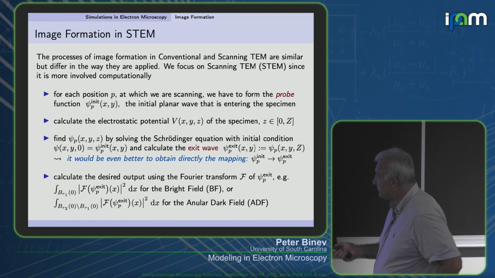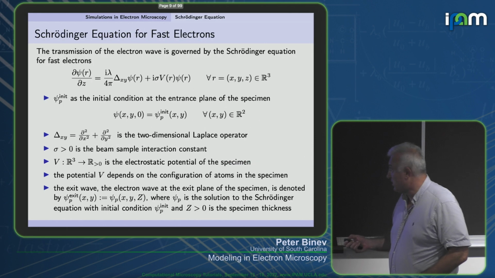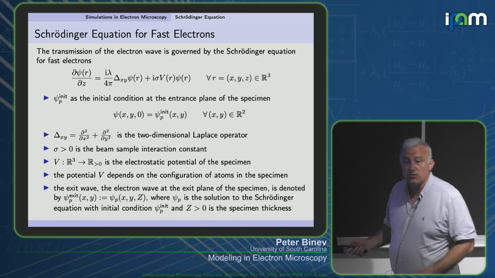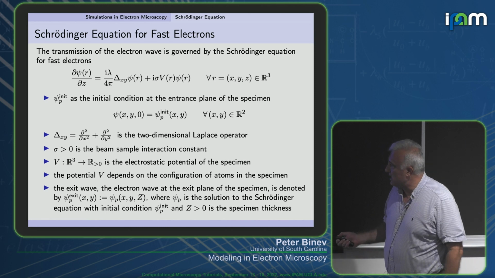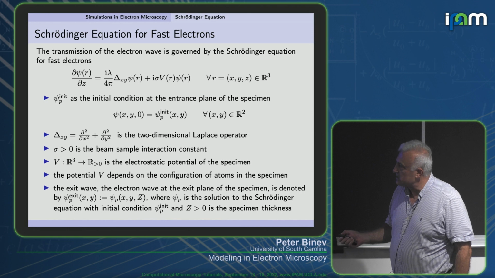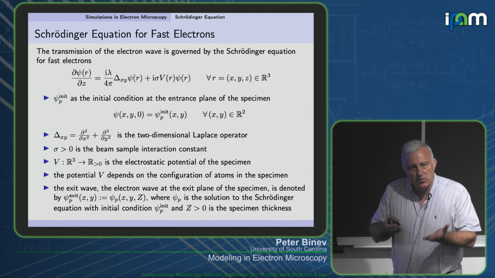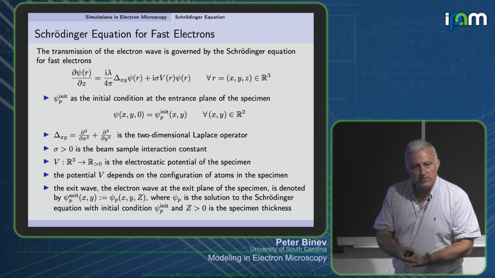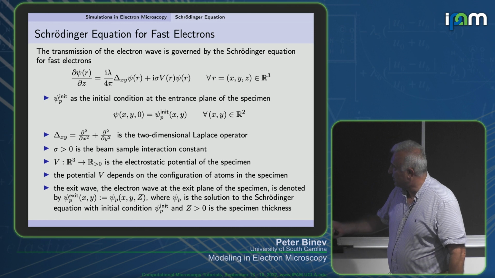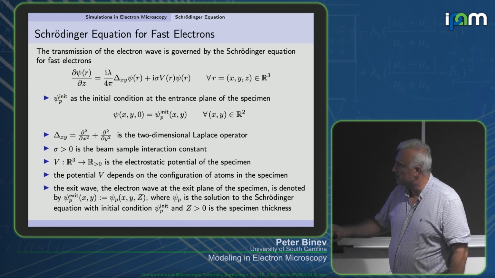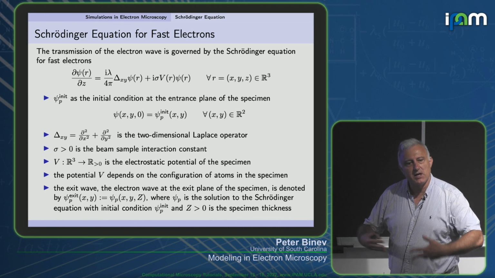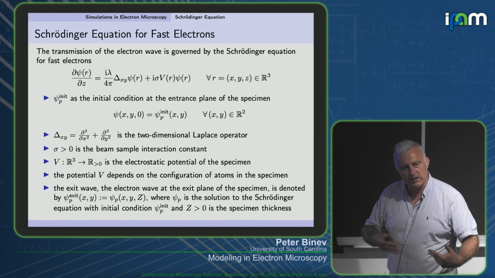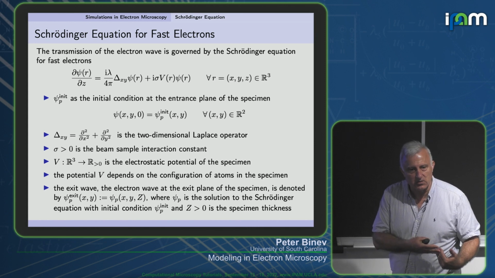As I said, if you consider this equation, it is linear if we consider it as an operator from which we receive the exit wave from the initial wave. And if we have a linear combination of these functions, then the result would be a linear combination of the solutions.